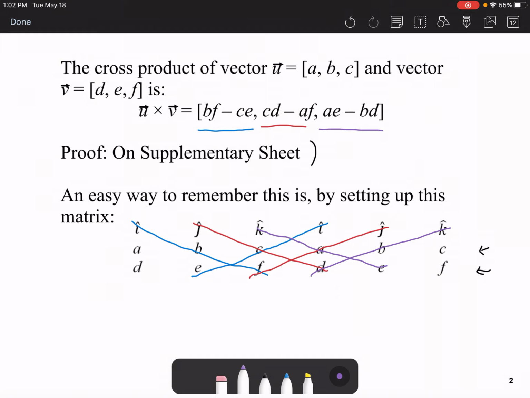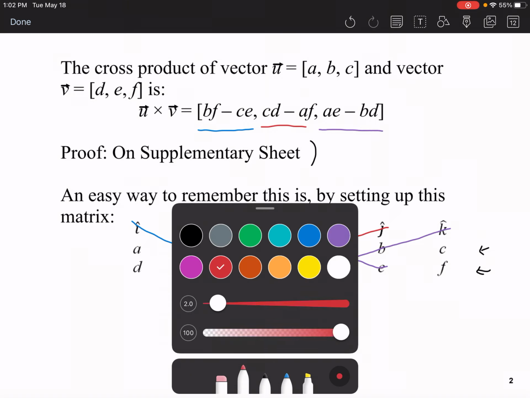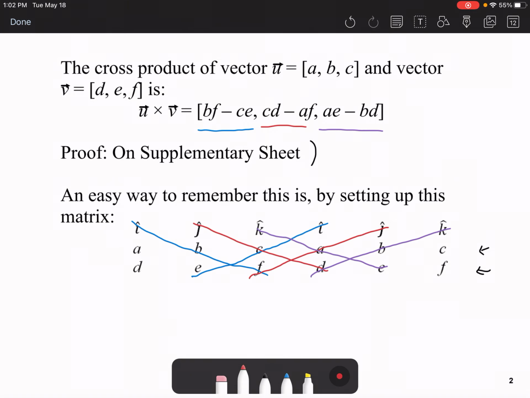There are other methods of calculating this cross product. These are the ones that I'm going to show you in this class, but if you'd like to investigate other options, you're more than welcome to. I've seen some people truncate this a, b, c, d, e, f and organize it in a different format and use that. I prefer to use this.